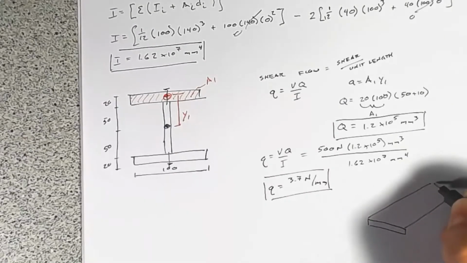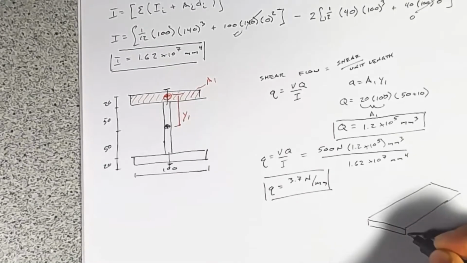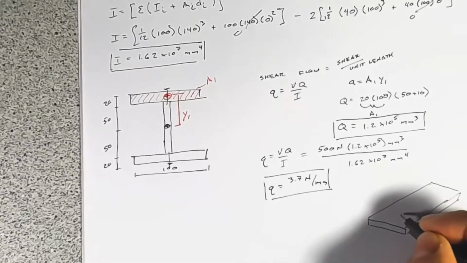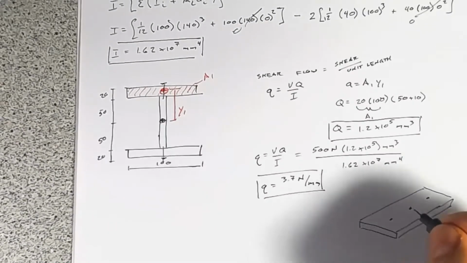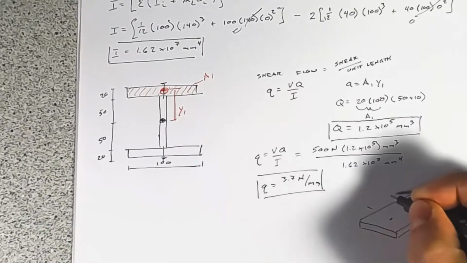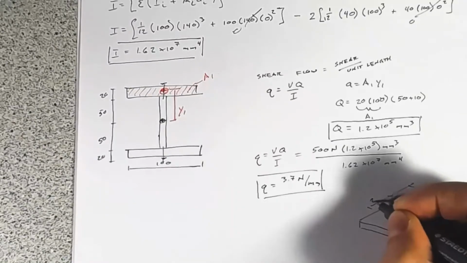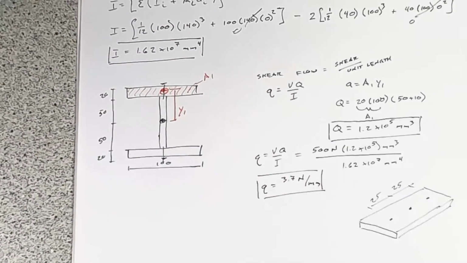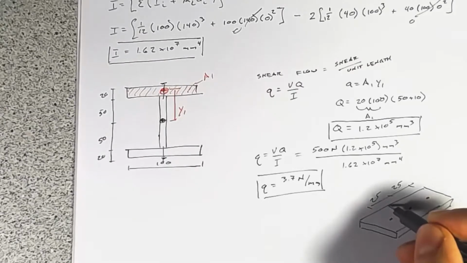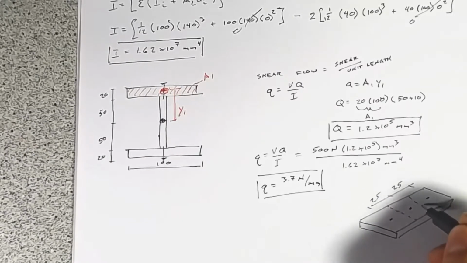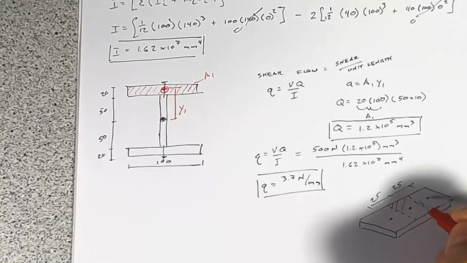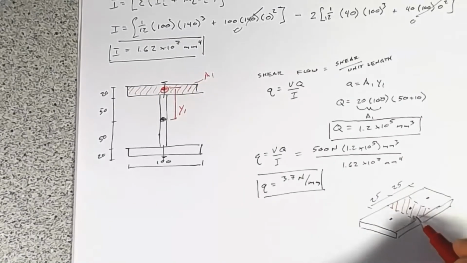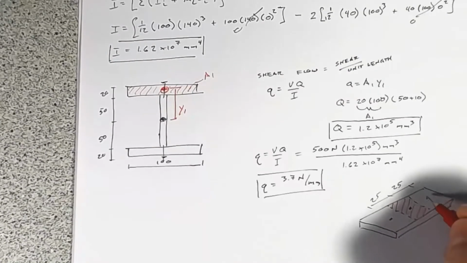So if this is the top flange, and these are our nails, and they're spaced at 25 millimeters, well, the shear which is halfway in this tributary area, that shear is going to go into this nail. This shear is going to go into that one. And this one into that.